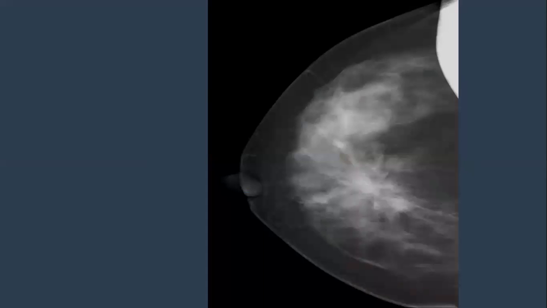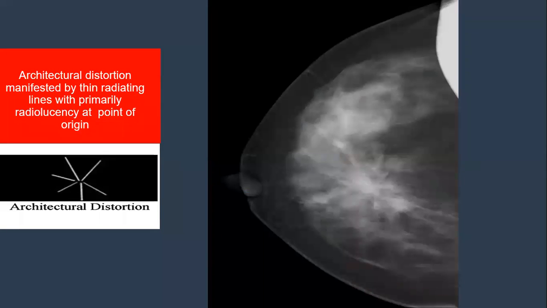What can you see here, which type of the above-mentioned architectural distortion? You can see lines radiating from a point. Excellent. This is the commonest, typical architectural distortion, manifested by thin radiating lines with a primary convergence point, the lines pointing to that central region, as illustrated here.